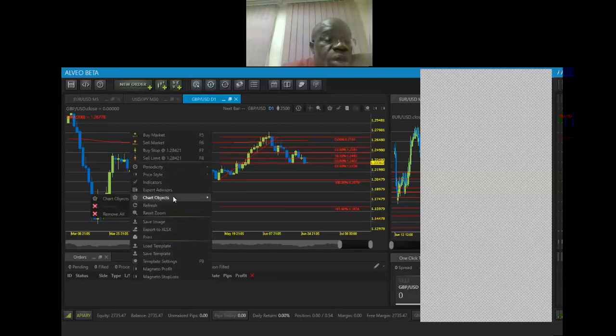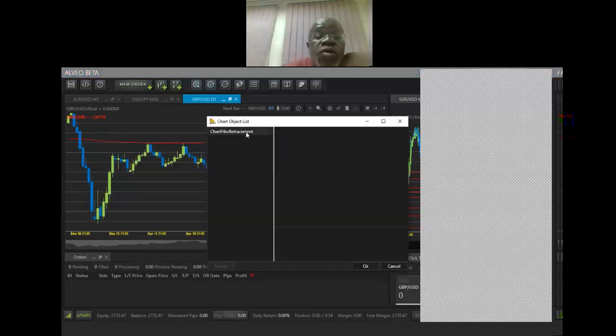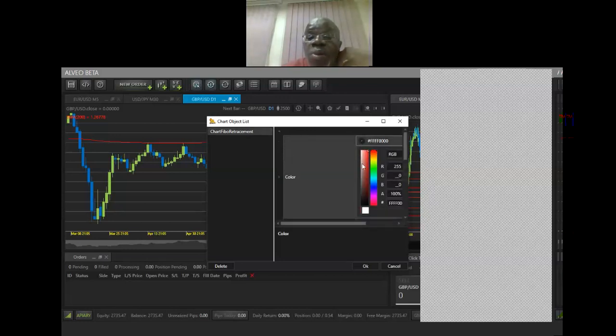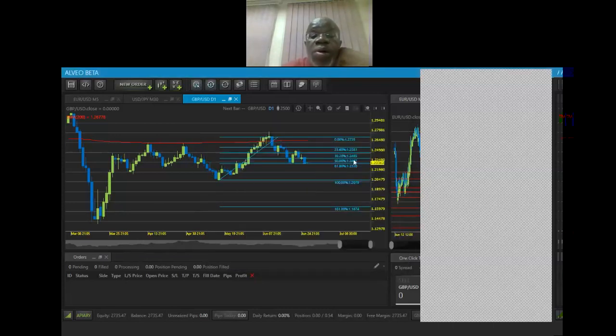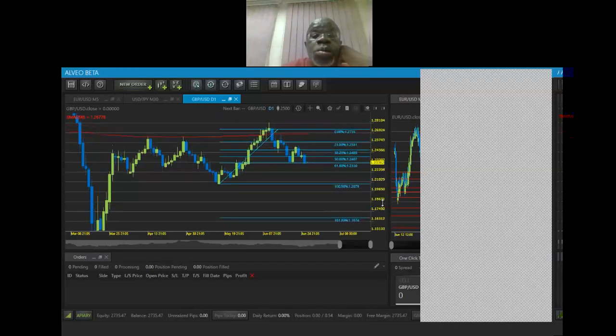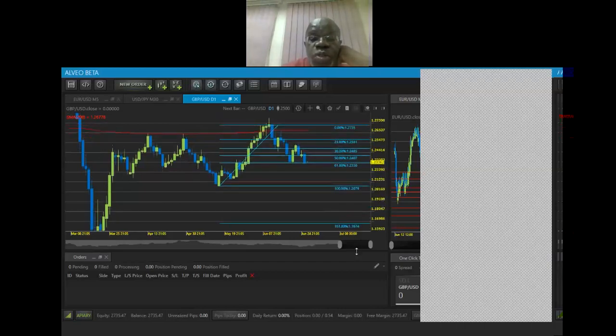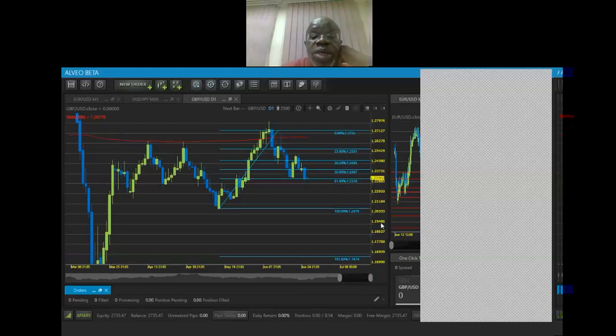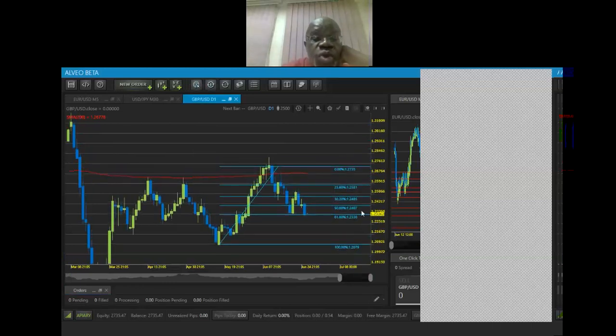So I come here, tools, then the color; we can use yellow or we can use light blue. Okay, there we go. So this now will explain to us. I went from the last body low to the last body high.